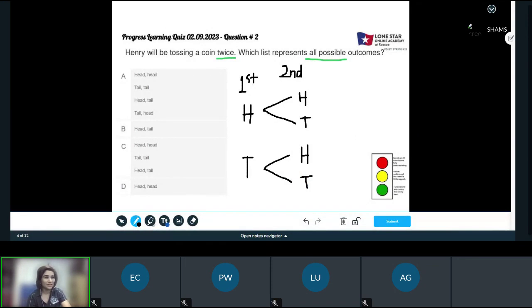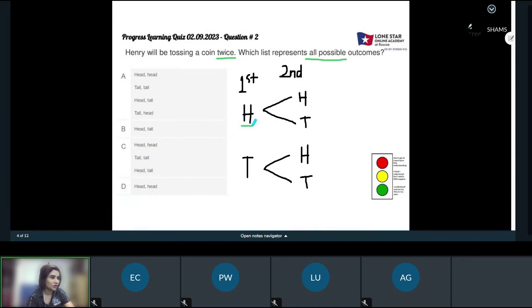A little. I'm going to write down the outcomes and see if that makes sense. So the possible outcomes: he might get heads in the first toss and heads in the second toss. Then the outcome is heads, comma, heads, H, comma, H, if he gets heads in both tosses.